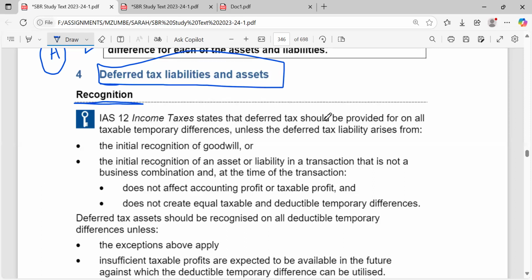You get my point. Let's say in the first year, the deferred tax liability is 100, but the previous year you had a deferred tax liability of how much? Of 80. So for this year, this will be the deferred tax liability in the statement of financial position. But to get the income tax expense, you take the difference. You say that previously it was 80, but now it is 100.